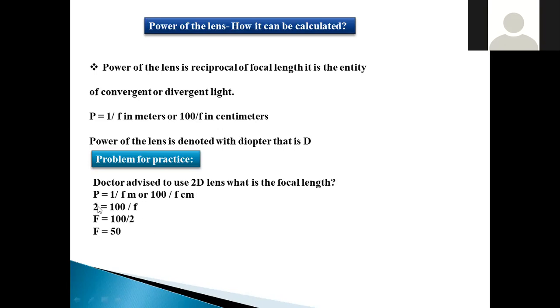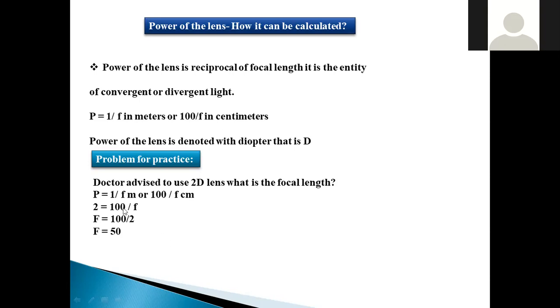To calculate that, we have the formula P is equal to 100 by F. P is given as 2 diopters. So 2 is equal to 100 by F. F needs to be calculated. F is equal to 100 by 2. Now 50 is the focal length for that kind of vision impairment.